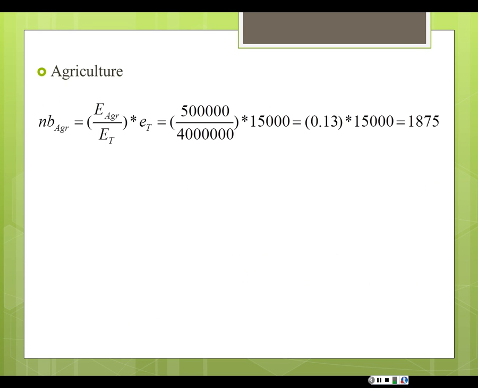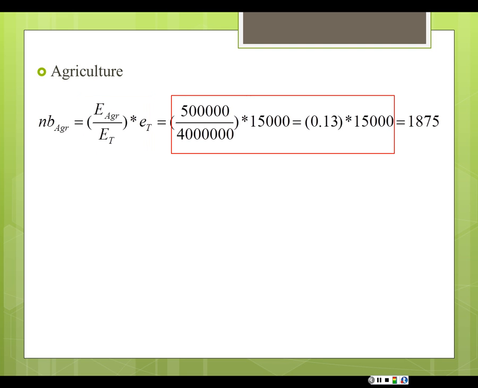So now let's work on the agricultural industry. For the agricultural industry, the amount of non-basic employment you need to fully satisfy your local demand is this amount. So here you look at what proportion of employment in the country, and then you need this proportion of employment in agriculture to fully satisfy local demand.